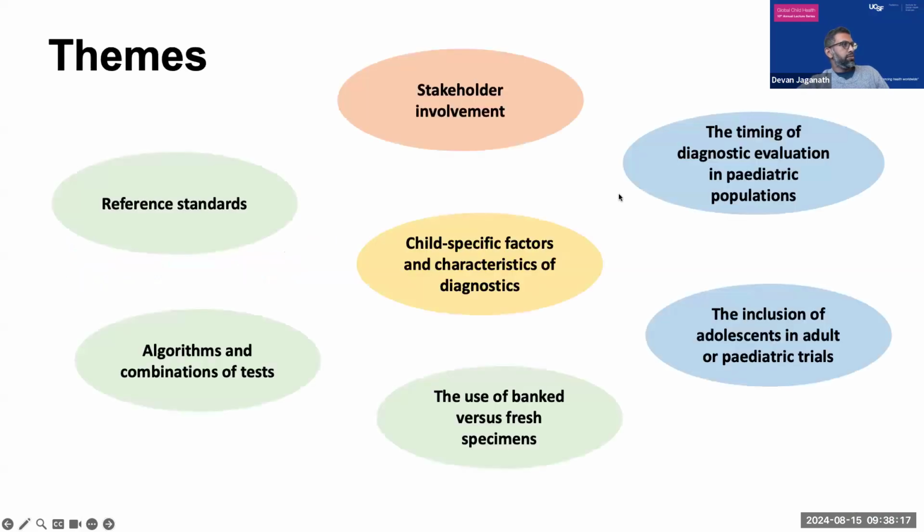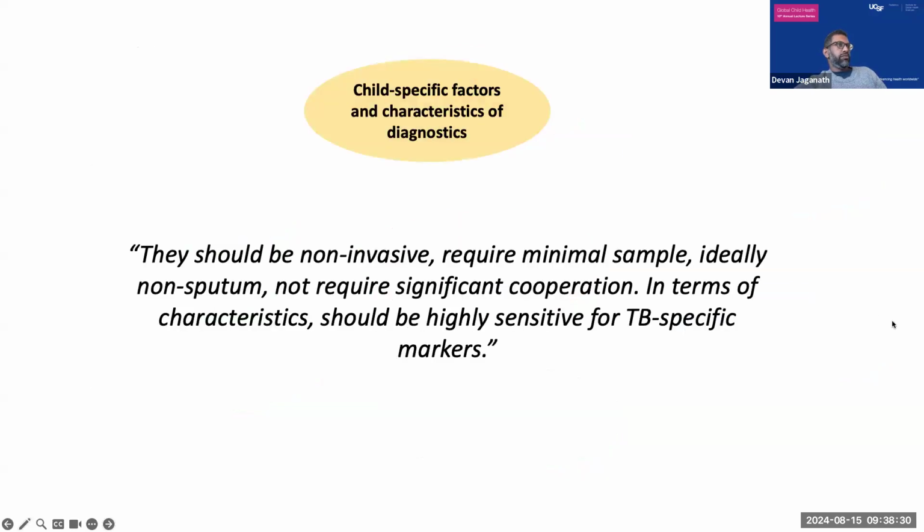So in terms of the qualitative round, we had some core themes that emerged around different issues, as we'll go through in some detail. So one is that people highlighted the child-specific factors and characteristics that were important for diagnostics that were unique.